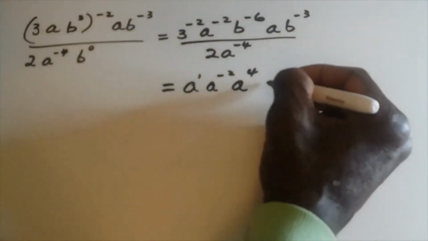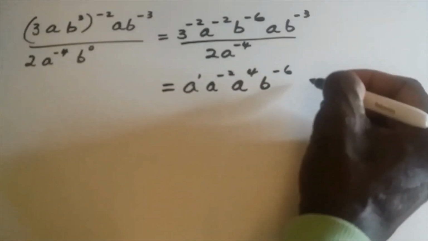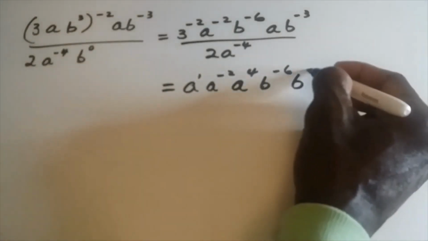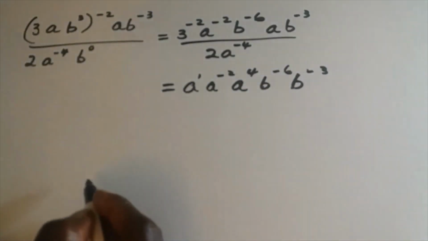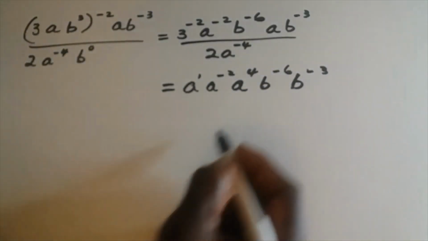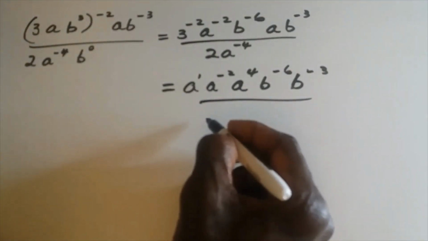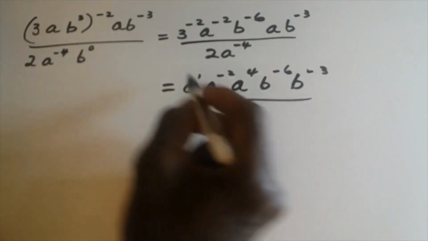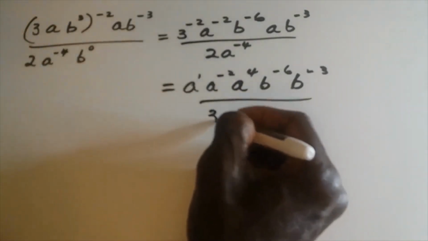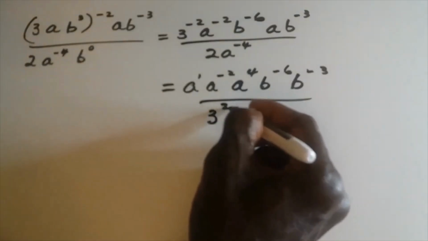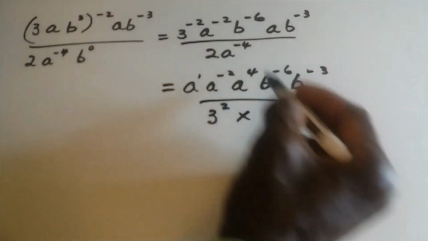Next we have the b's, so we have b to the minus 6 and b to minus 3. And now in the denominator we'll bring the 3 to the minus 2 down to the denominator, and that becomes 3 squared, and we're left with the coefficient of this, which is 2.